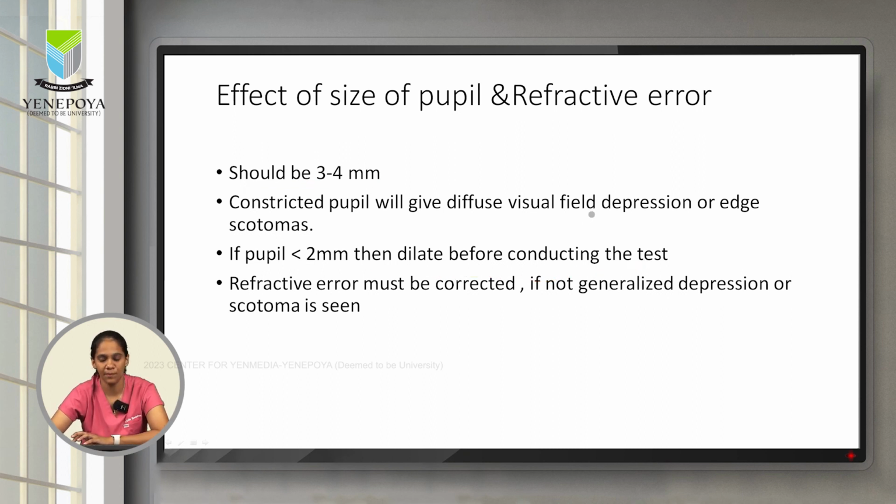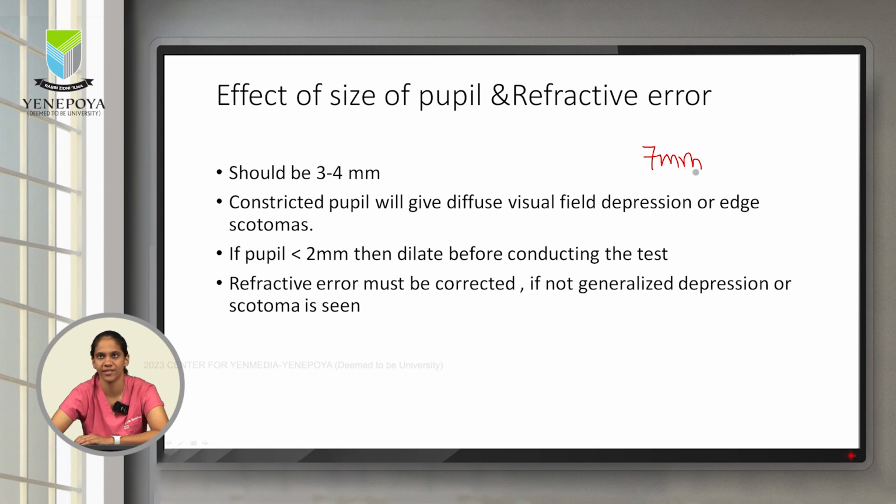So, if the patient is completely dilated, you've dilated your patient, you see disc changes, you want to do a perimetry. So, can you do a perimetry in a dilated patient? If you are thinking no, that answer is wrong, because it is not an absolute contraindication. You can actually do a perimetry in a completely dilated patient with, let us say, 7 or 8 millimeter dilatation.